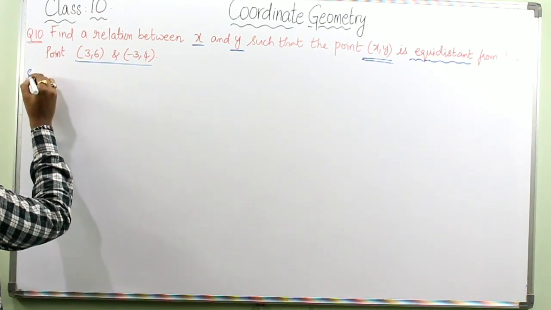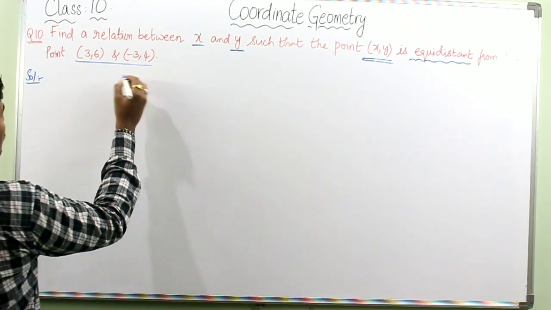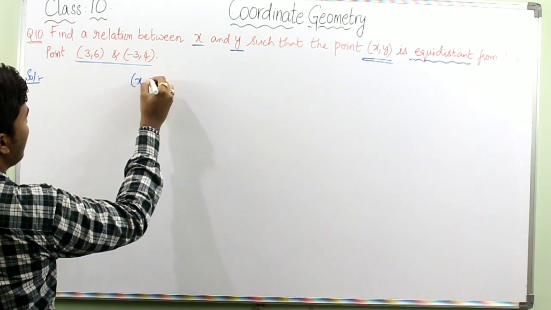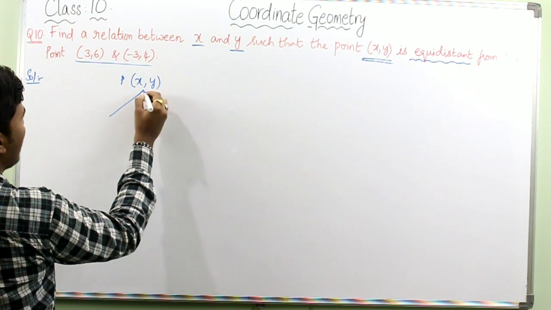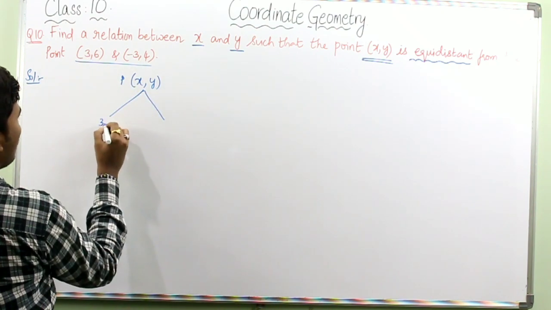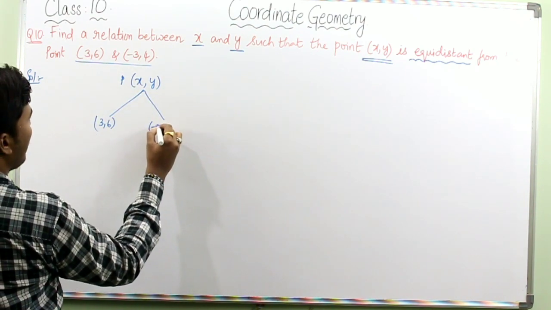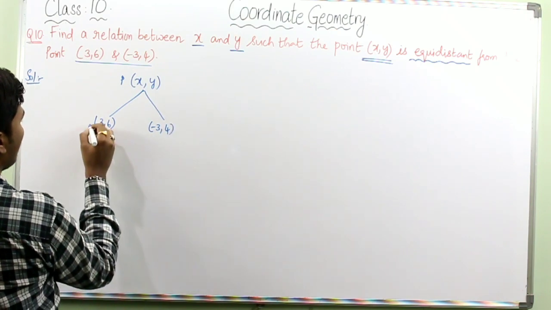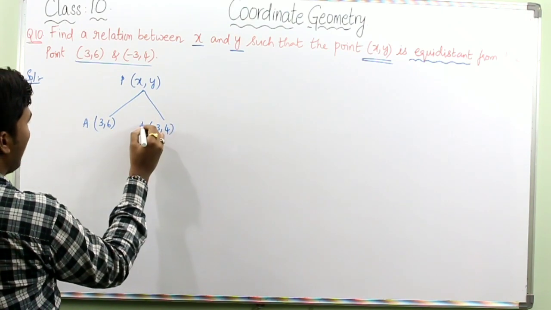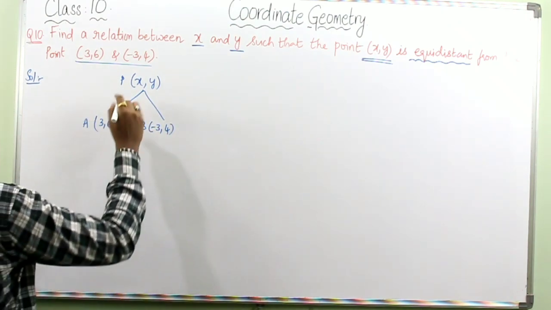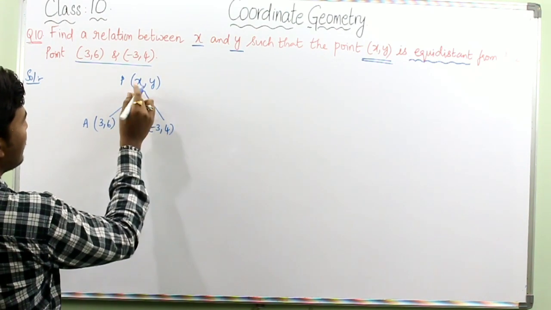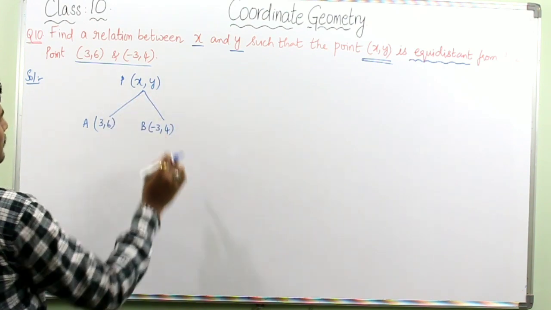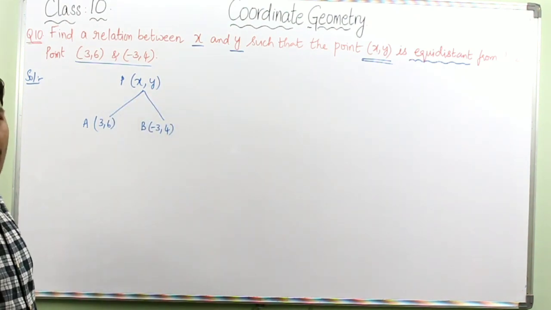So first, what does it mean? x comma y is a point. Let us consider this as P. So from this we have two other points, 3 comma 6 and minus 3 comma 4. Let us name them as A and B. So from this point they are at equal distances. So we have to get the relationship between x and y.